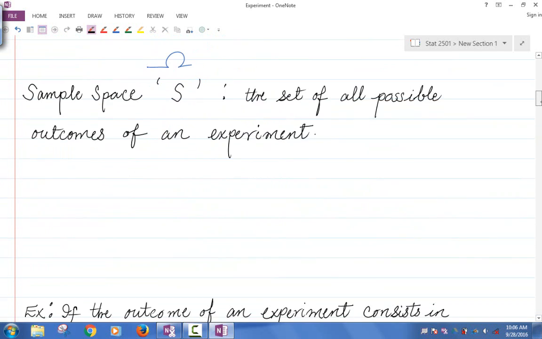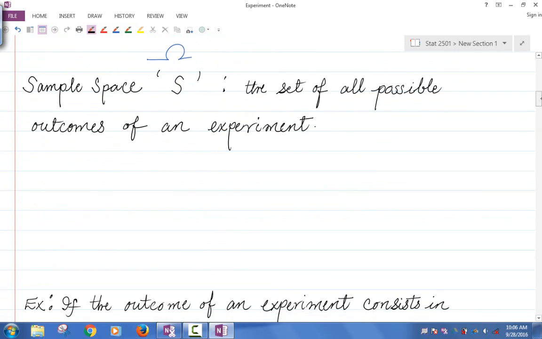So when you have an experiment, the set of all possible outcomes of the experiment is called the sample space. Once again, a sample space will be denoted either by uppercase omega or by uppercase S.